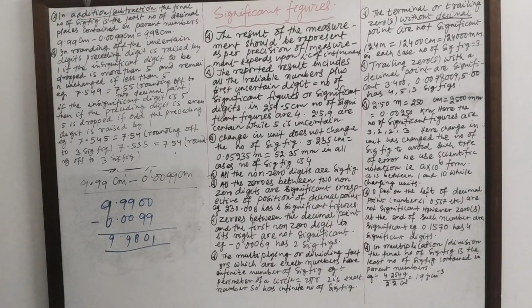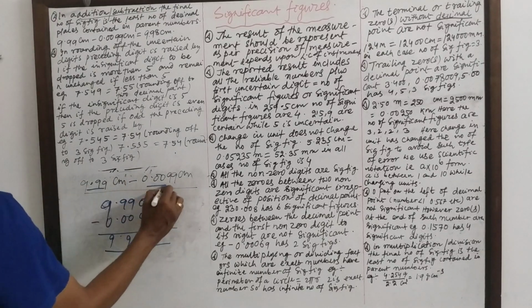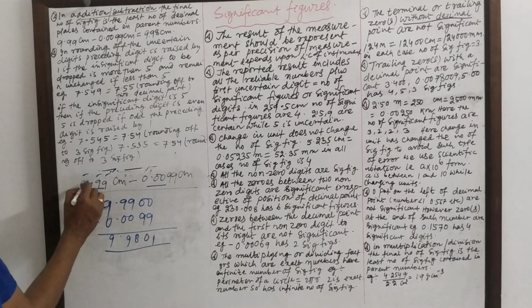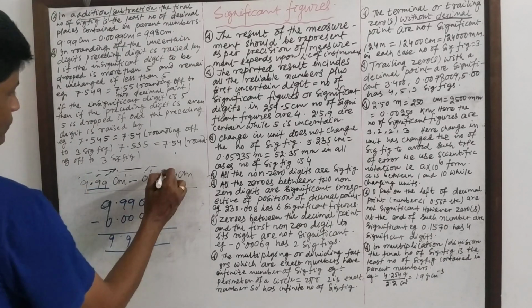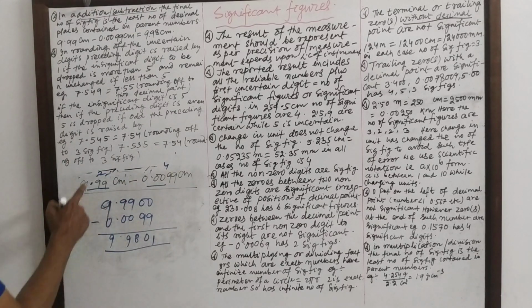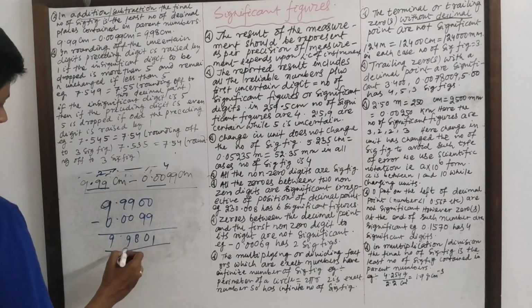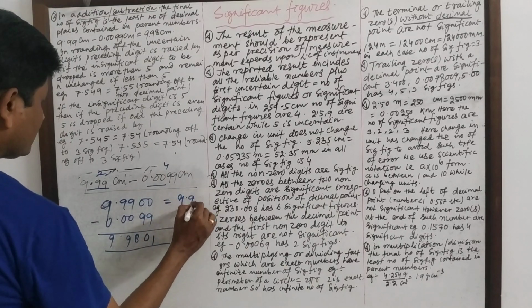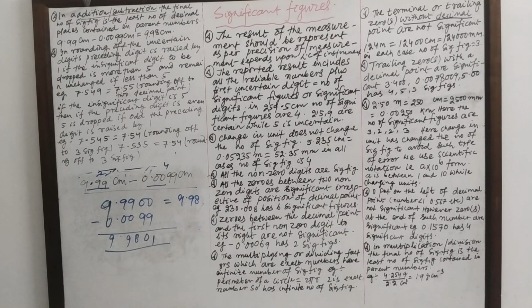But the least number of decimal places in these two numbers is 2. After the decimal point it is 2, and for the other it is 4. So the least number is 2, so we have to count up to 2 decimal places. That is correct. The answer is 9.98.